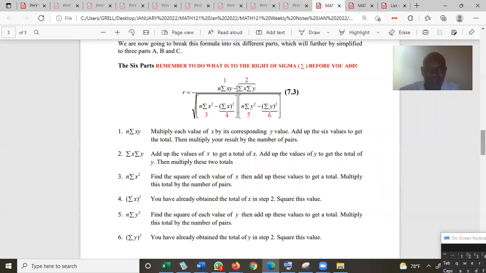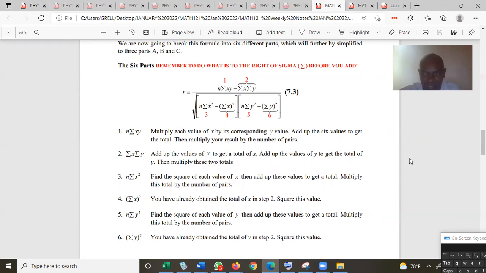Each term is broken down and numbered. So you have 1, 2, 3, 4, 5, 6. And here you have an explanation of what to do to get number 1, number 2, number 3, number 4, number 5, number 6.